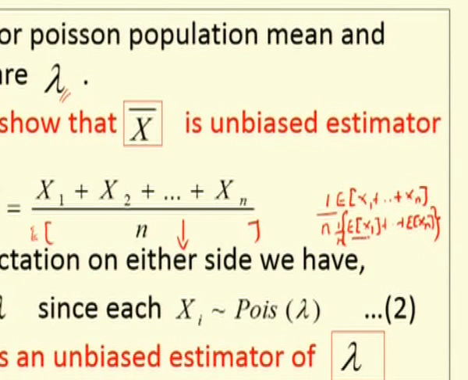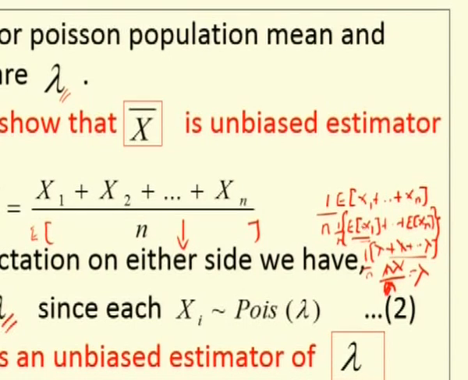You know that each mean is lambda. So, lambda plus lambda etc. up to lambda for n random samples. Summing up, you will have n lambda by n. So, n and n will get cancelled out, leaving lambda. Therefore, expectation of x bar is equal to lambda. The simple reason is that the mean of the Poisson distribution is nothing but lambda. Therefore, you have declared x bar is an unbiased estimator of lambda.